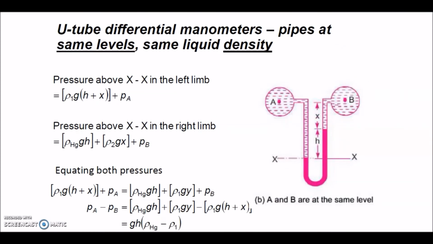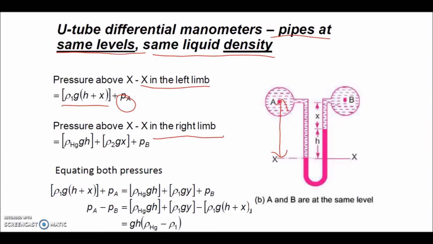Okay, next, this is the same differential manometer. The difference is the pipes are at the same levels and have the same liquid density. Just now we were doing different levels and different liquid densities. Same method, left limb and also right limb. For the left limb, it is the pressure at point A plus the density of liquid in tube A, and the height is H plus X. And then for the right limb, we have two types of density also.